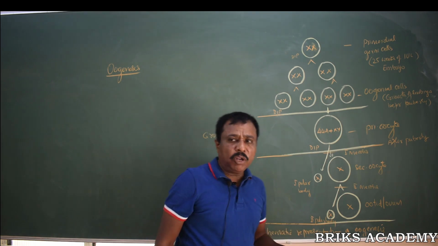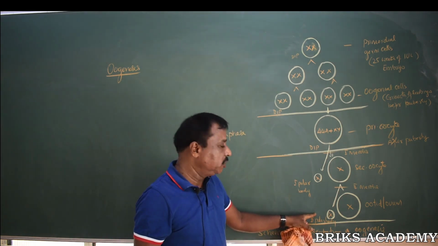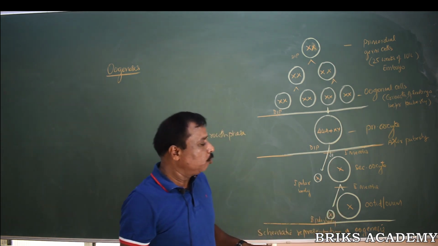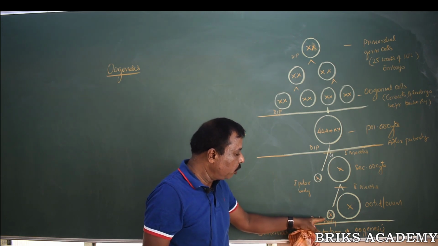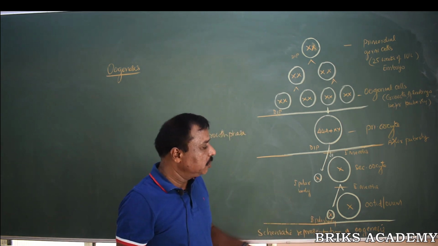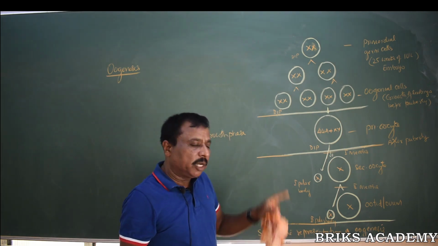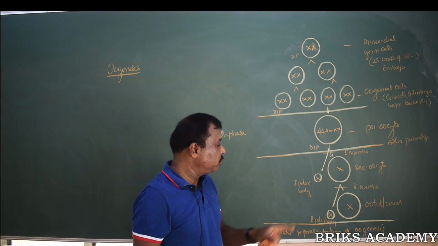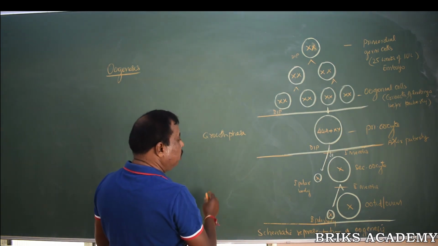So in other animals, 3 polar bodies are produced at the end of oogenesis and only one ovum, whereas in humans only 2 polar bodies are produced and one ovum, and this ootid or ovum can directly take part in reproduction without undergoing any change. So this is about oogenesis.